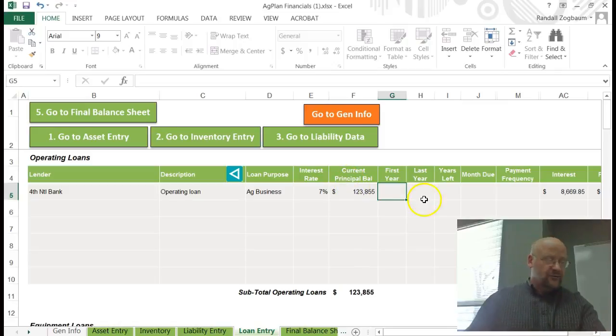This is a 1-year loan, so it won't be anything first year.